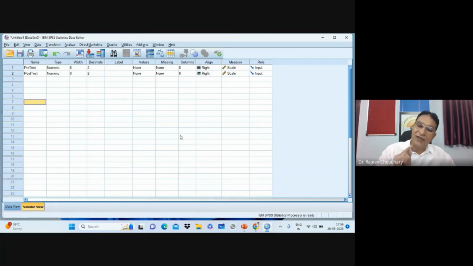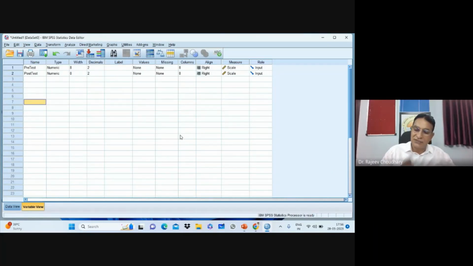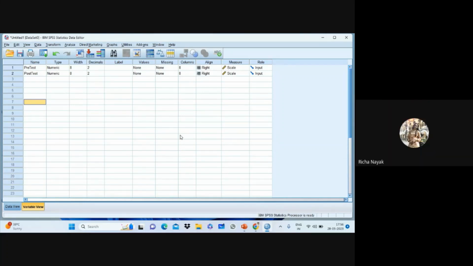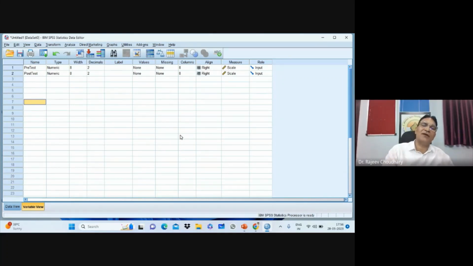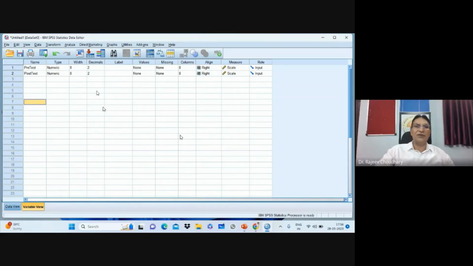Why did we analyze using this dependent t-test? Since the data were normal. Suppose the data are non-normal, in that case which technique will be applied? Sir, the Wilcoxon matched pair test. Yes, Wilcoxon. You may write down the commands.